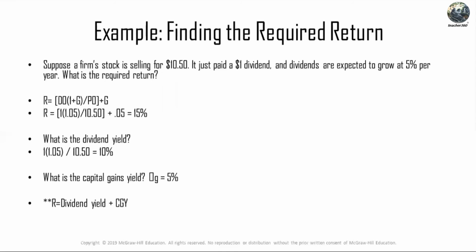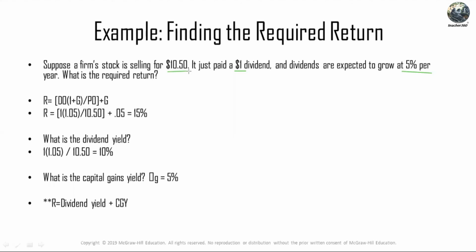So using the required return formula, D0 times 1 plus g, your current dividend is $1 and its growth rate is 5%. 1 plus 5% equals 1.05, divided by the current price. Your current price is 10.50. Then again plus the growth rate.